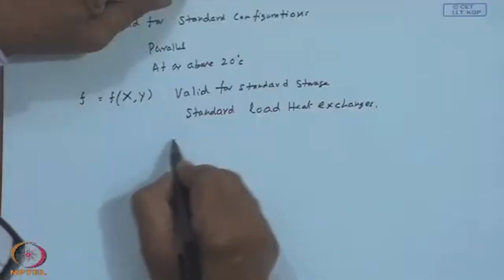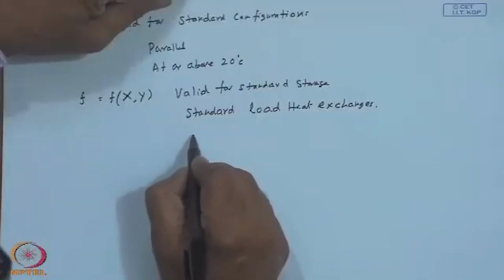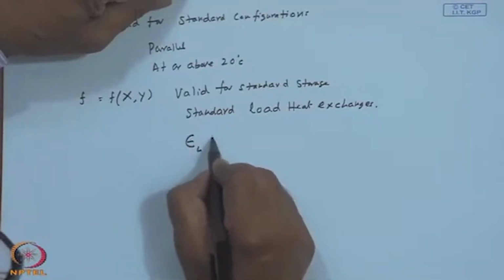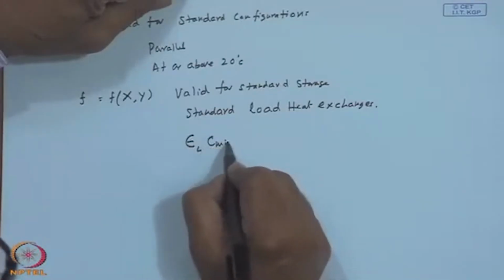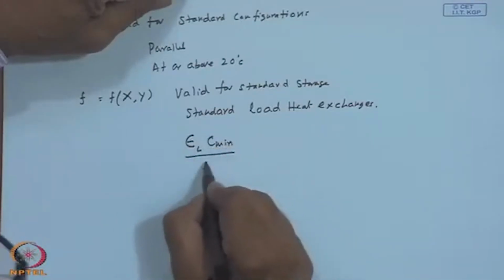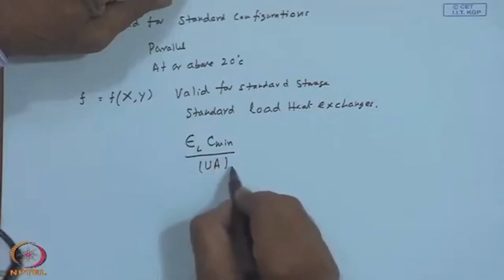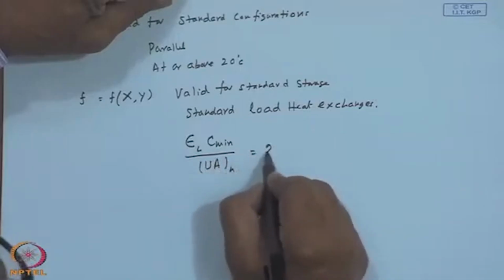Whereas, in the case of water heating, there should be an exchange mechanism from the heat of the water to heat the air, which in turn goes to the rooms to keep it at a comfortable level of approximately 20 degrees C. So, this is valid for a standard load heat exchanger for a value of epsilon L C minimum by U A house equal to 2.